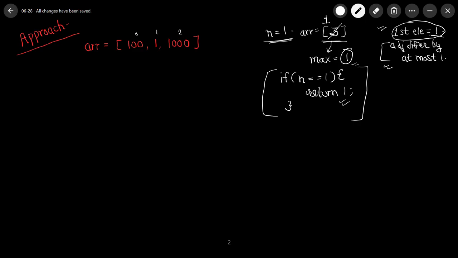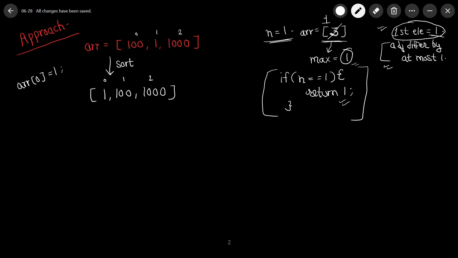Coming to the generalized case. So what if we sort this array? Sorting gives this. Let me index it. So after sorting, what we can do is set array 0 equal to 1, since anyways we want our first element to be 1 only.